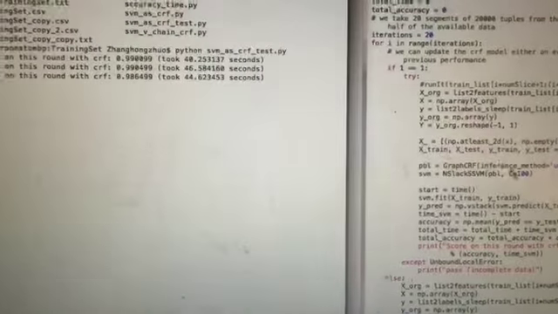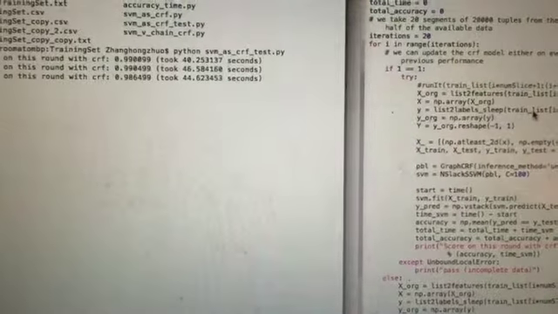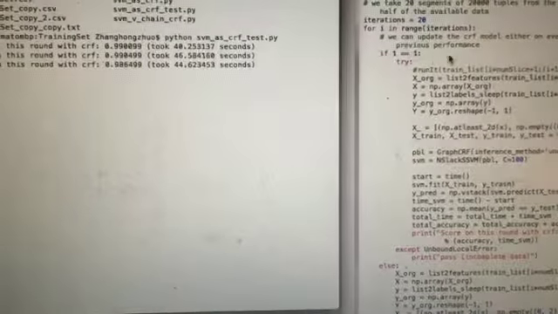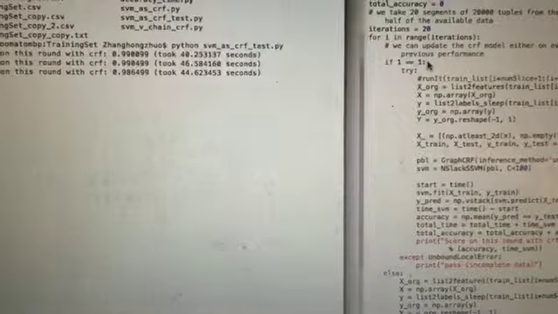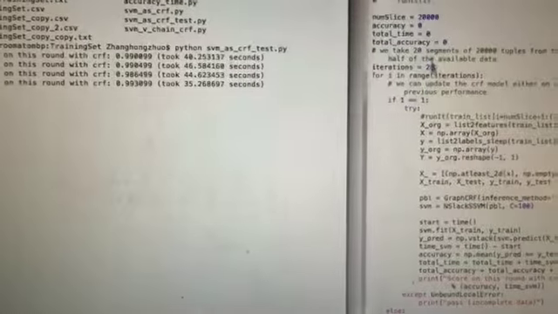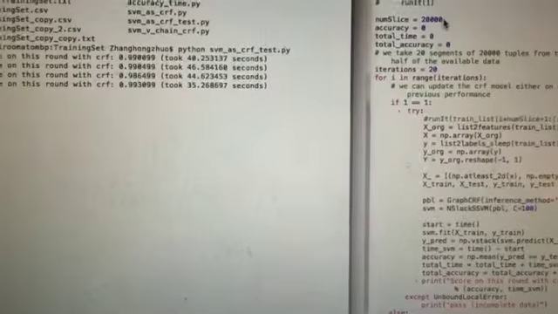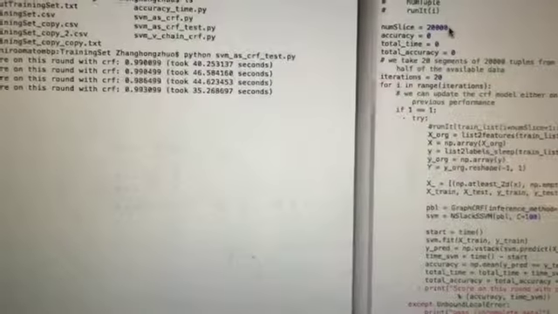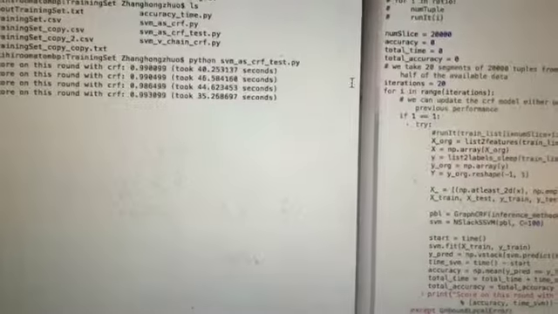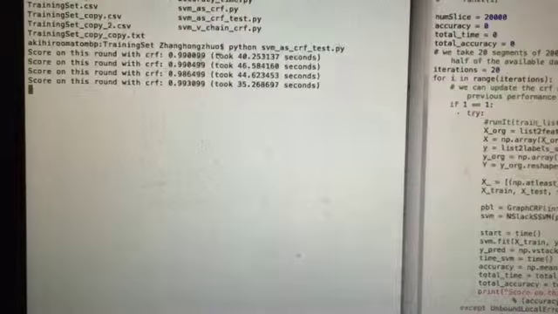And as we've shown before, the training time for CRF models will increase more than linearly as the size of the training data grows. It's more like polynomial or exponential time. So the choice of 20,000 tuples for each segment is really a disaster for the training process because it's too time consuming, but it yields really high accuracy, as you can see from the results that have already come out.